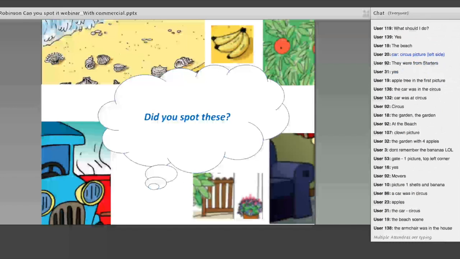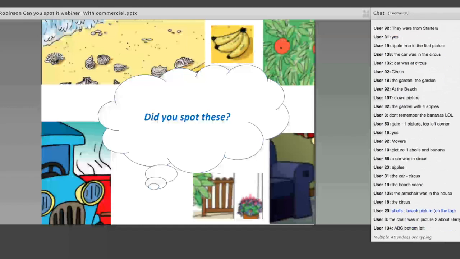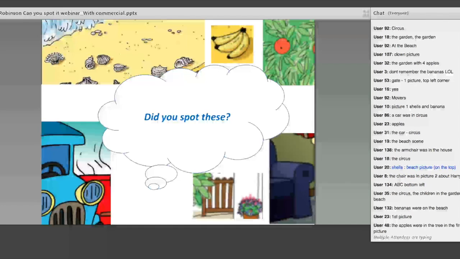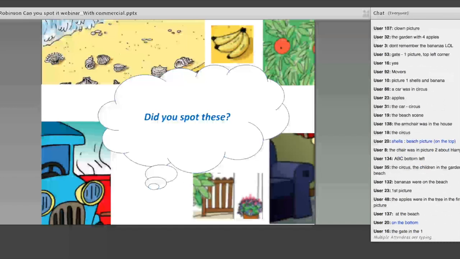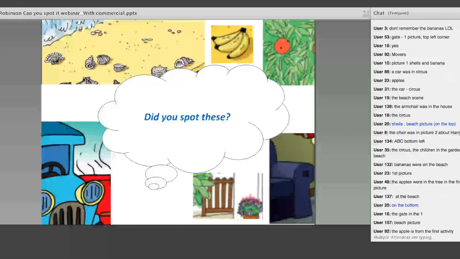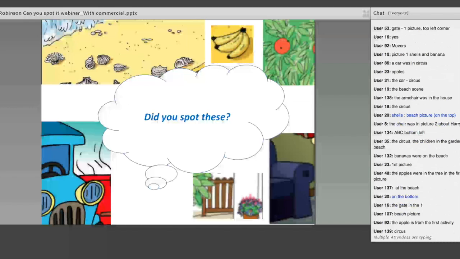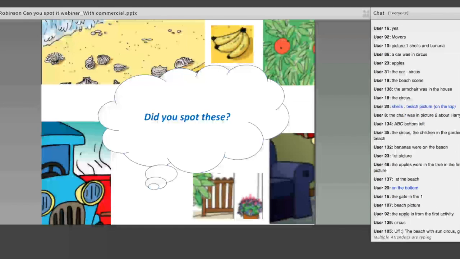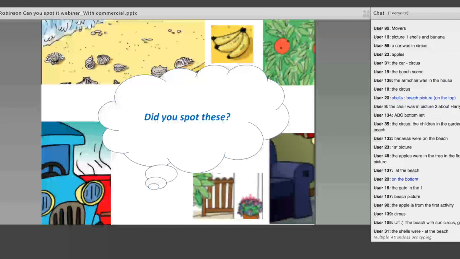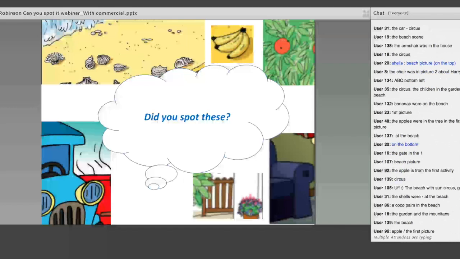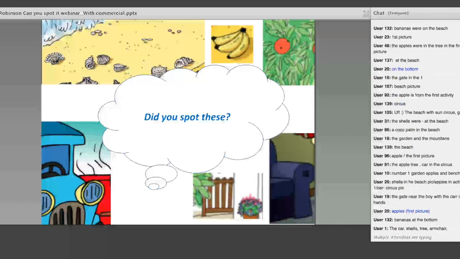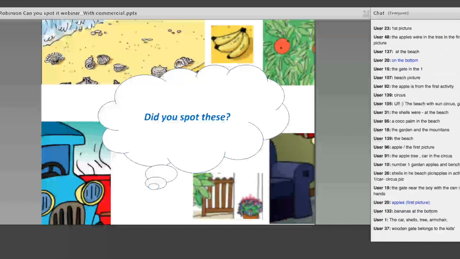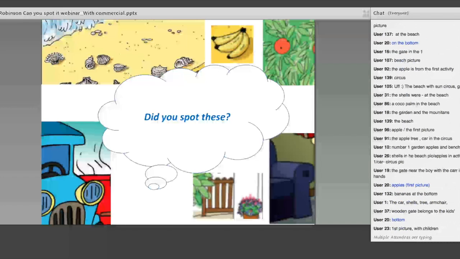Yeah, the car was at the circus, wasn't it? Yeah, the beach picture had the shells and it had the bananas. Where were the bananas? They were in the beach picture, and where were they?